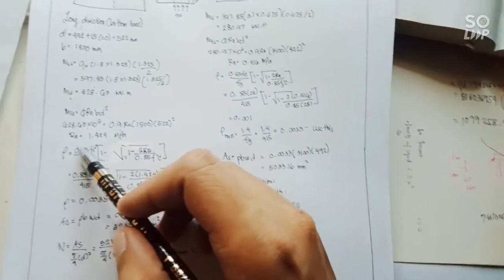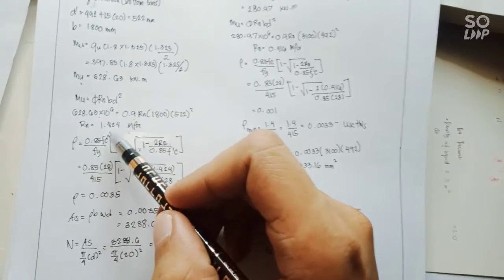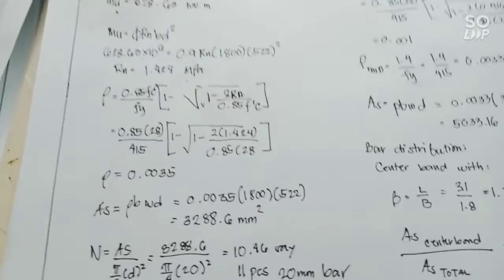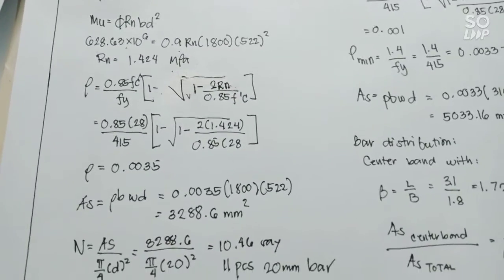So our Rn, or the concrete beam design ratio, is equal to 1.424 megapascals.